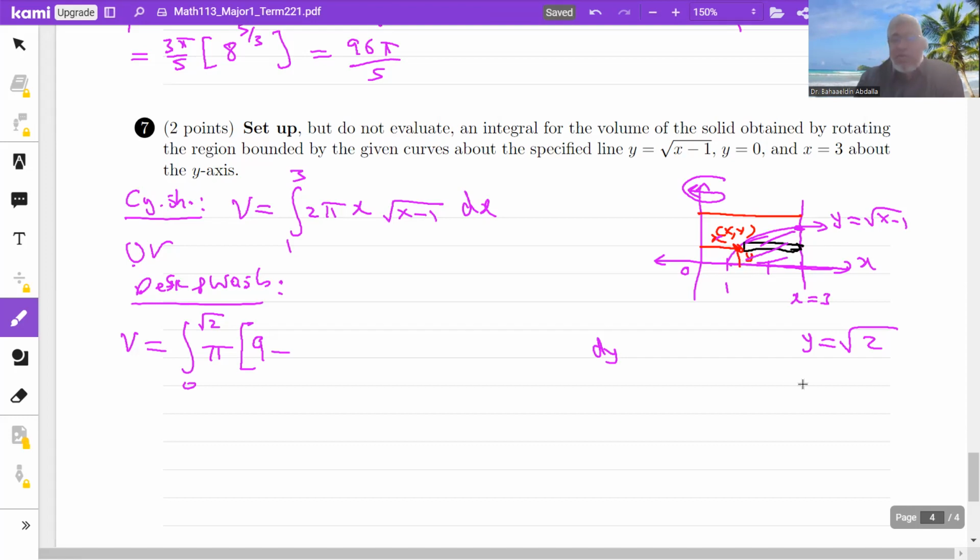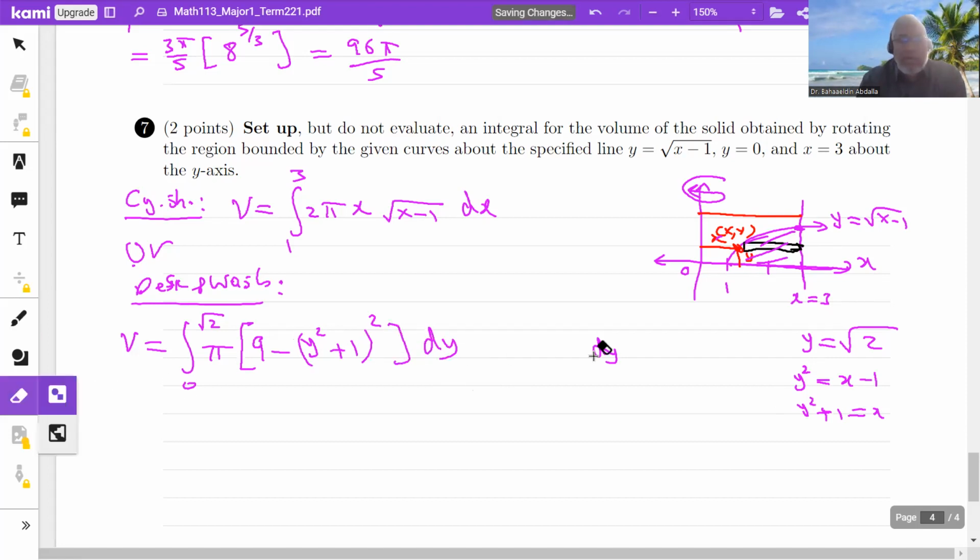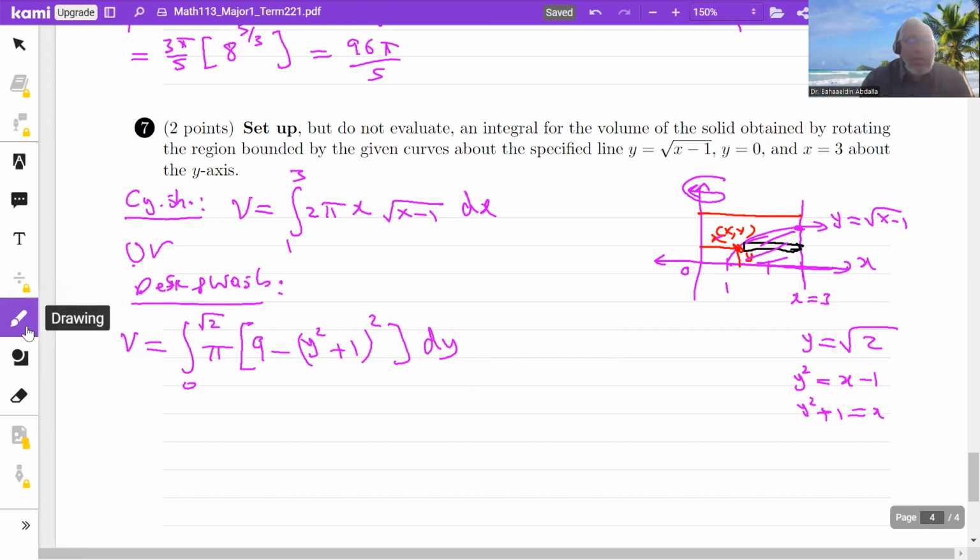So I need to change it to y. So I have y equals the square root of x minus 1. If I square both sides, I'll find out that x is in fact y squared plus 1. So this is the inner radius, and I need to square it and write the dy here.